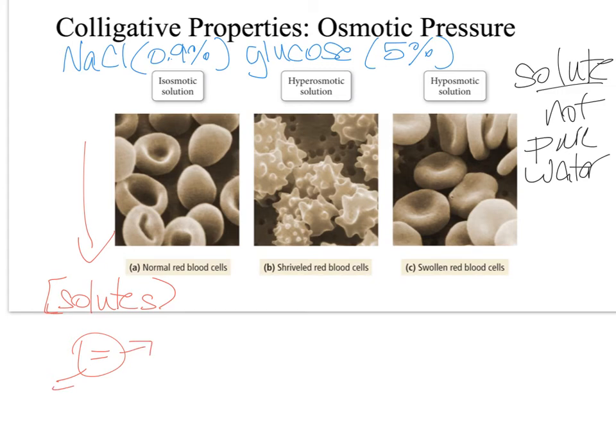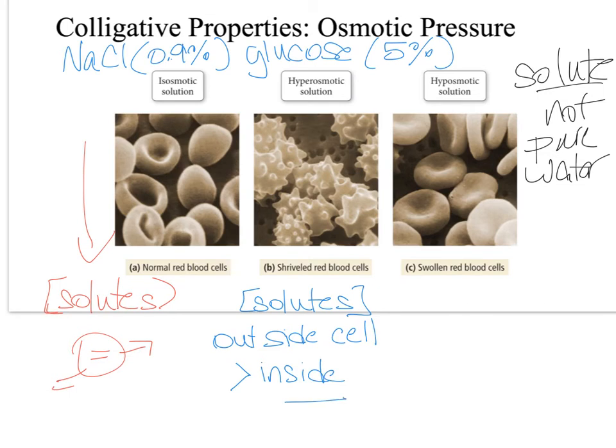A hyperosmotic solution is when the solutes outside the cell are greater than inside. So water is going to flow outside the cell, and it causes this crenation or shriveling.